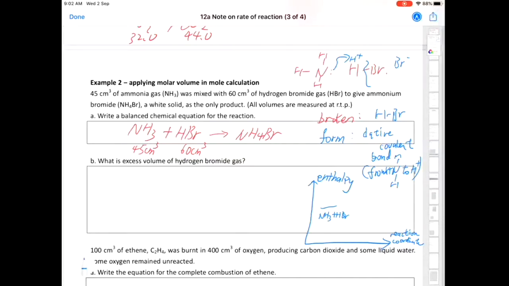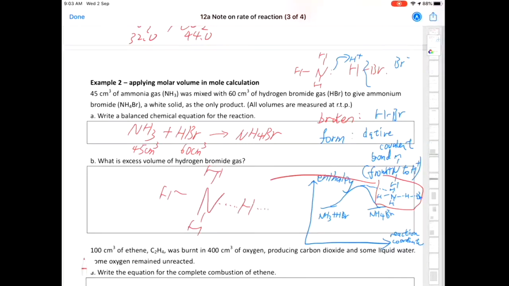I don't know whether it's exothermic or endothermic, just randomly pick a stage for the product side. And then at the top part of it, the species looks like this. And for the top, it means that there are some partial bonding.